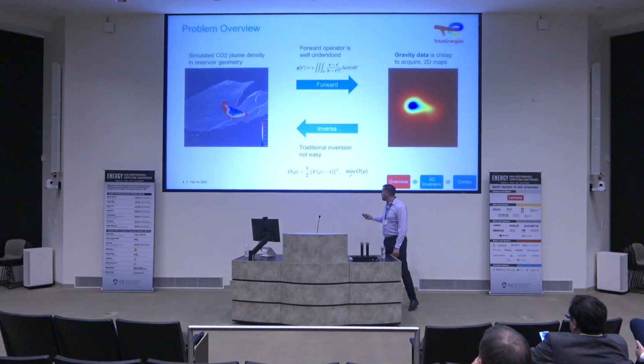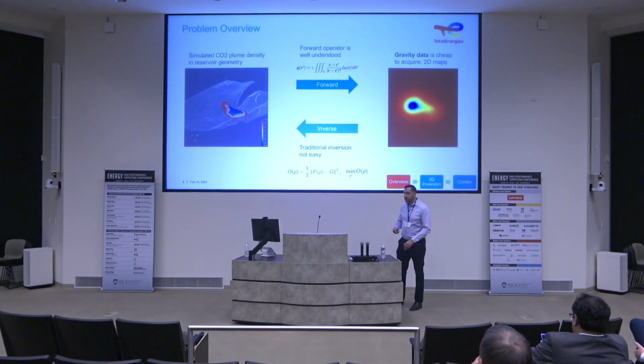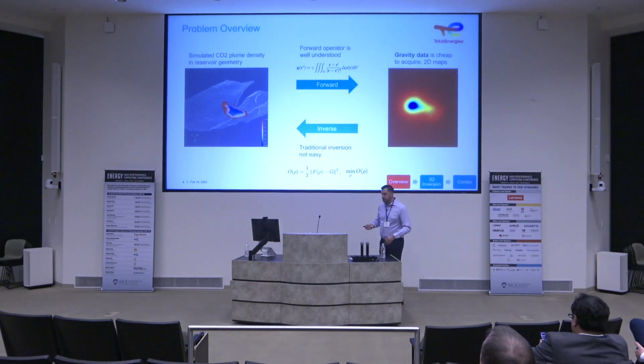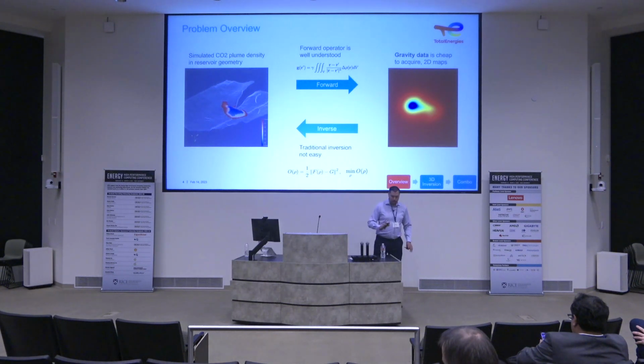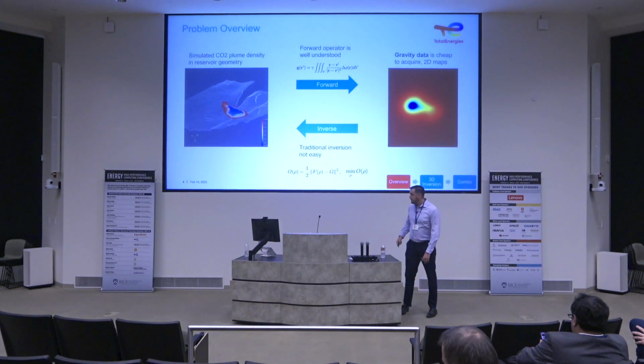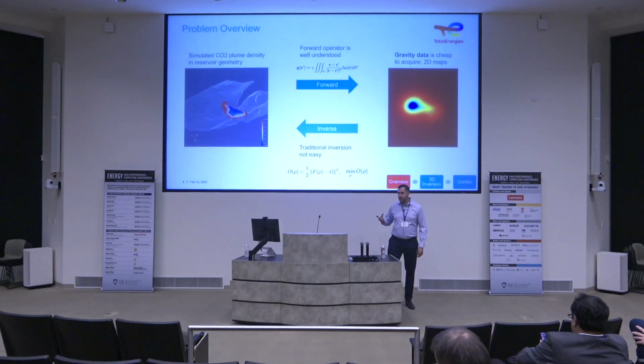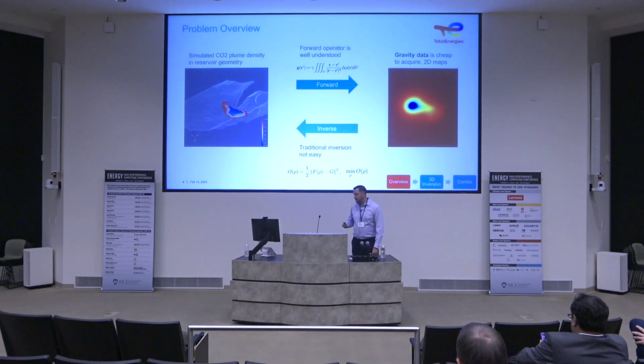So again, we're interested in quantifying how accurate can we get a deep learning-based method for this, and then can we understand from a computational perspective what are the constraints and limitations of doing this. And just to take a step back, the whole reason we're even interested in something like this is because gravity data is cheap to acquire, right? If you can really understand and create a robust method for inverting this, you potentially have a very useful tool for monitoring CO2 sequestration sites.